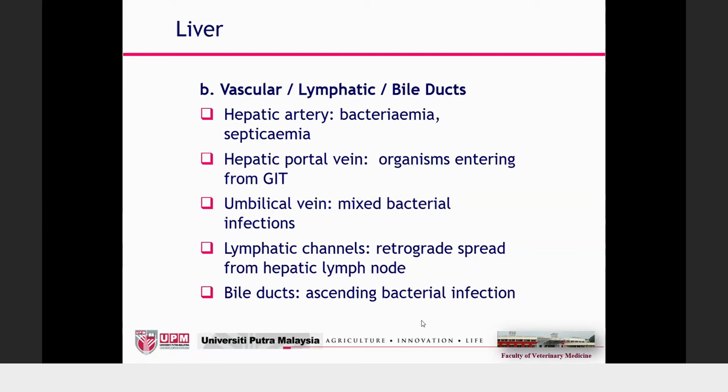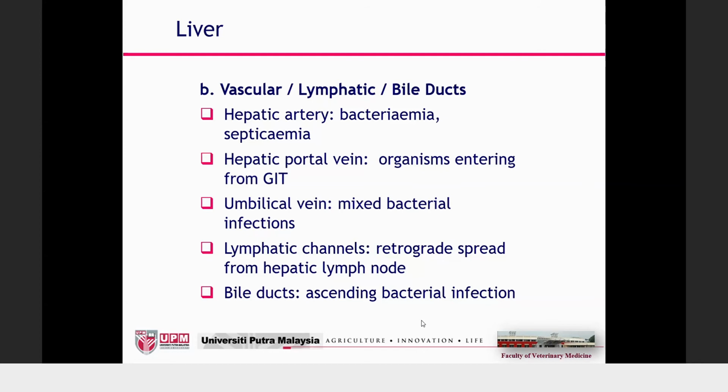Then we also have the hepatic portal vein. If you look at the anatomy of the hepatic portal vein, it has direct communication from the GIT. Whatever blood is from the GIT will first go into the liver through the hepatic portal vein.